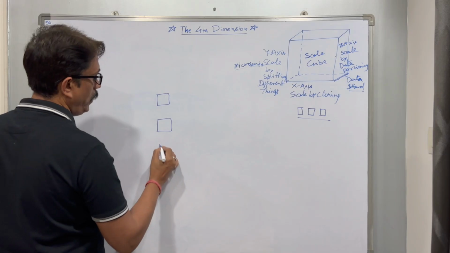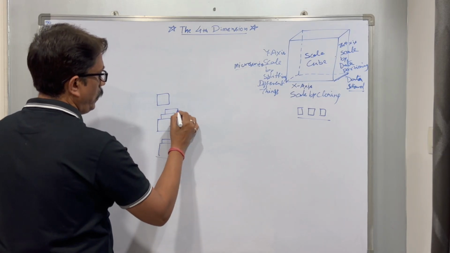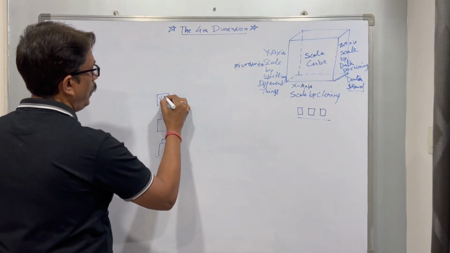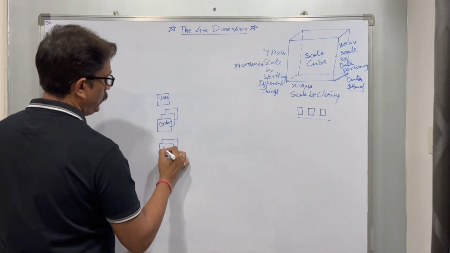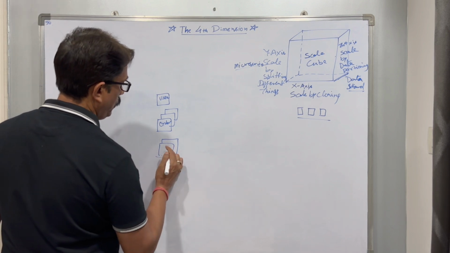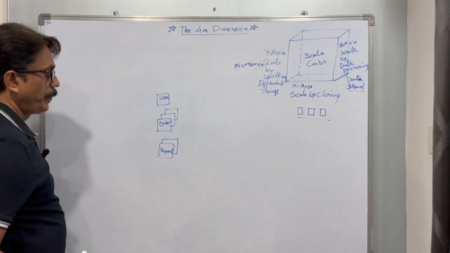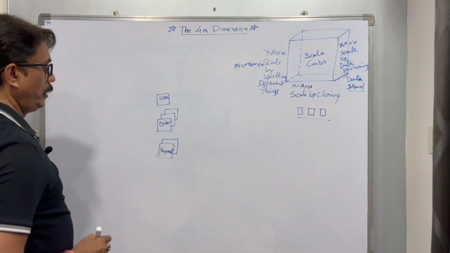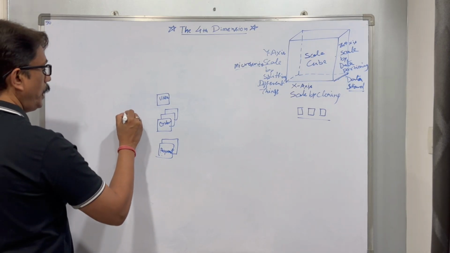We can have a user service, an order service, and this is the payment service. So we have these three services.